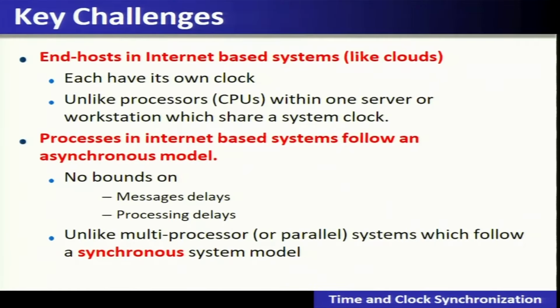So the processes in internet based systems follow an asynchronous model where there are no bounds on the message delays and also no bounds on the processing delays, unlike a multiprocessor or parallel system which follows a synchronous model.